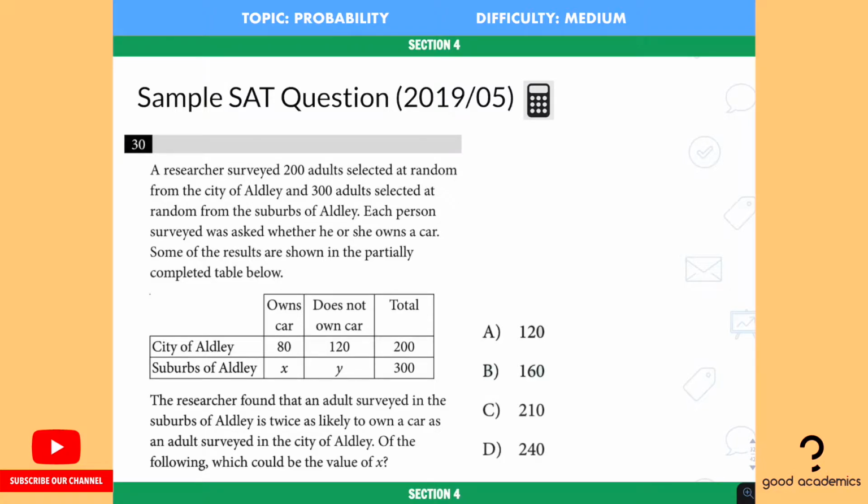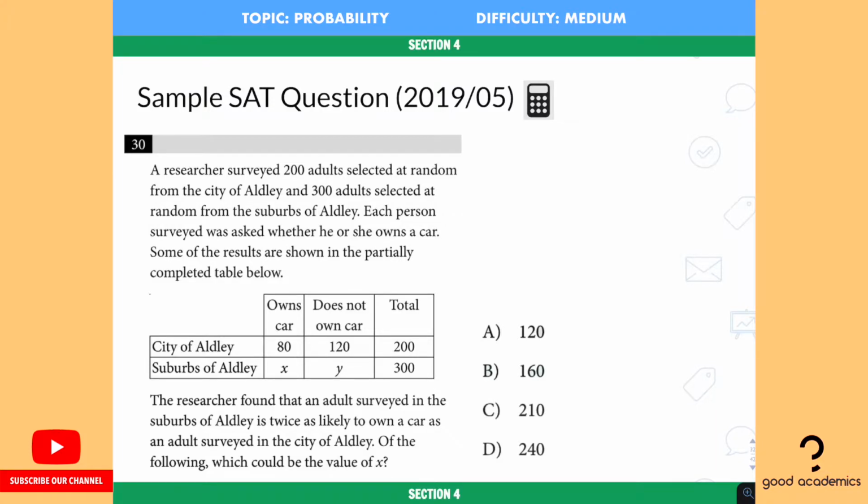Each person surveyed was asked whether he or she owns a car. Some of the results are shown in the partially completed table below. The researcher found that an adult surveyed in the suburbs of Altley is twice as likely to own a car as an adult surveyed in the city of Altley. Which would be the value of x?